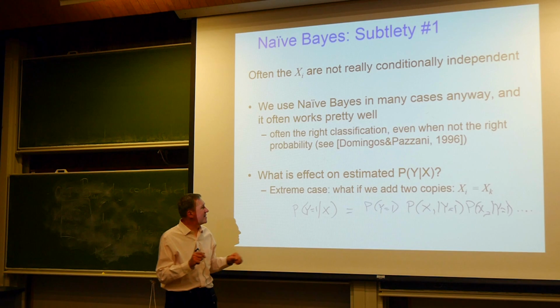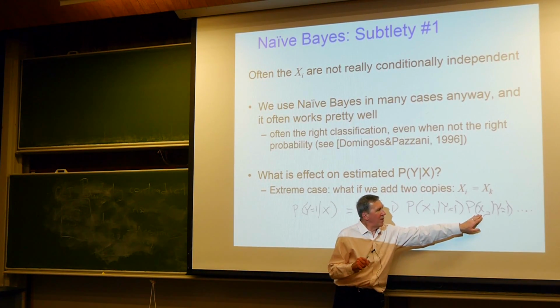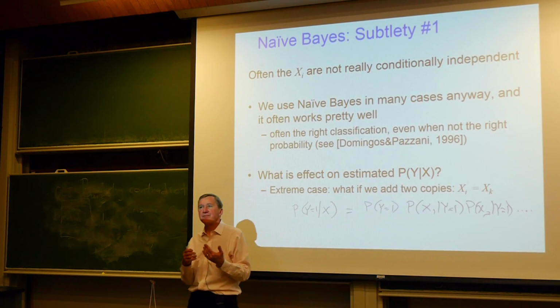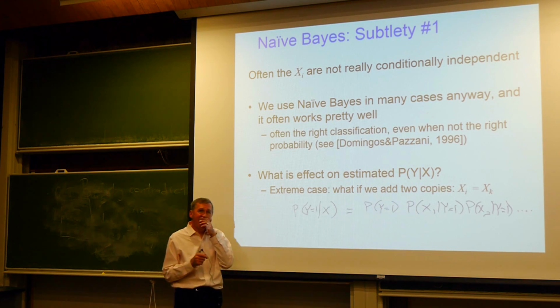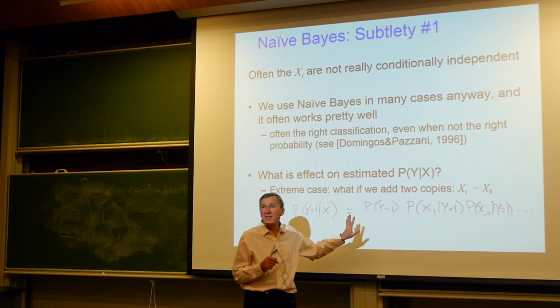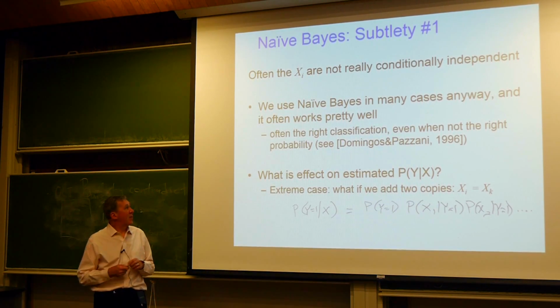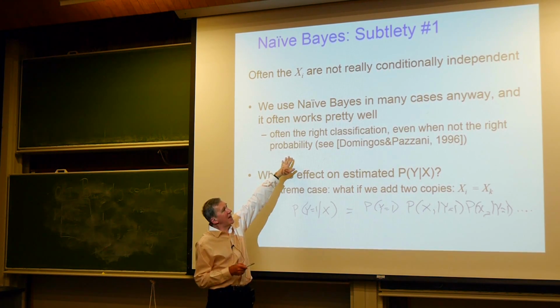And so in that case, we'll still end up overemphasizing those two variables taken together. That's one of the subtleties of naive Bayes. And despite that, we often get reasonable classifications.